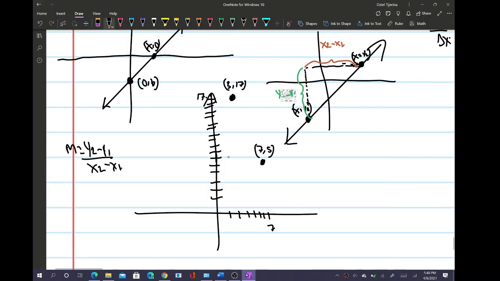And you do, so this is x1, y1. Remember, x1 is the lowest x value.